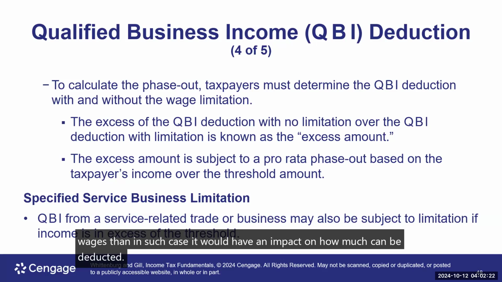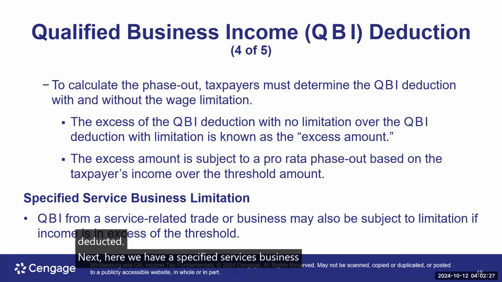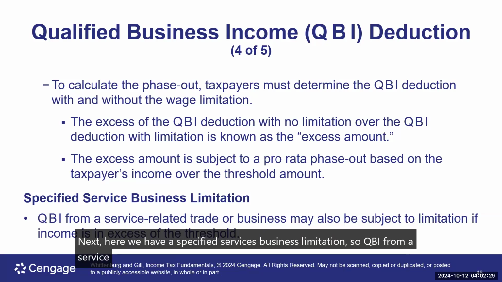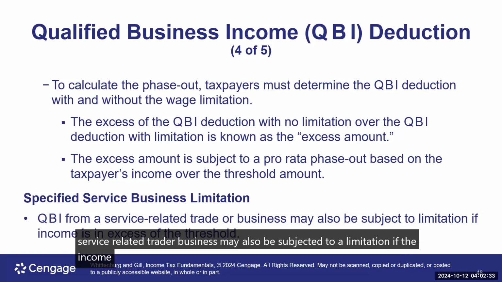Next here we have a specified services business limitation. So QBI from a service-related trade or business may also be subjected to a limitation if the income is in excess of the threshold.